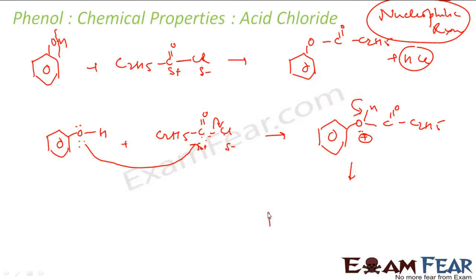So this will become O, COC2H5. Correct? And H plus will come out. Why? Because oxygen positive charge is not stable. Oxygen is an electronegative element. It can't hold positive charge. So hydrogen will come out. We have seen this kind of reaction so many times where we have positive charge on oxygen, then hydrogen comes out to make this compound neutral.